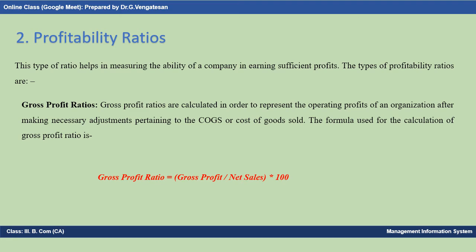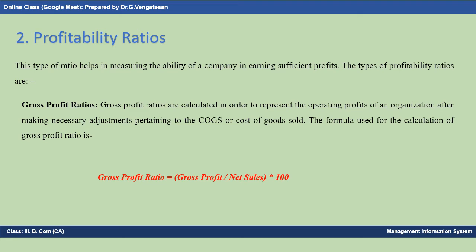Now, number two is profitability ratio. The word profitability is different from profit. Profit is the excess of revenue earned over the cost incurred, and as such, it is an abstract term. Profitability is the ability of a firm in earning profit.